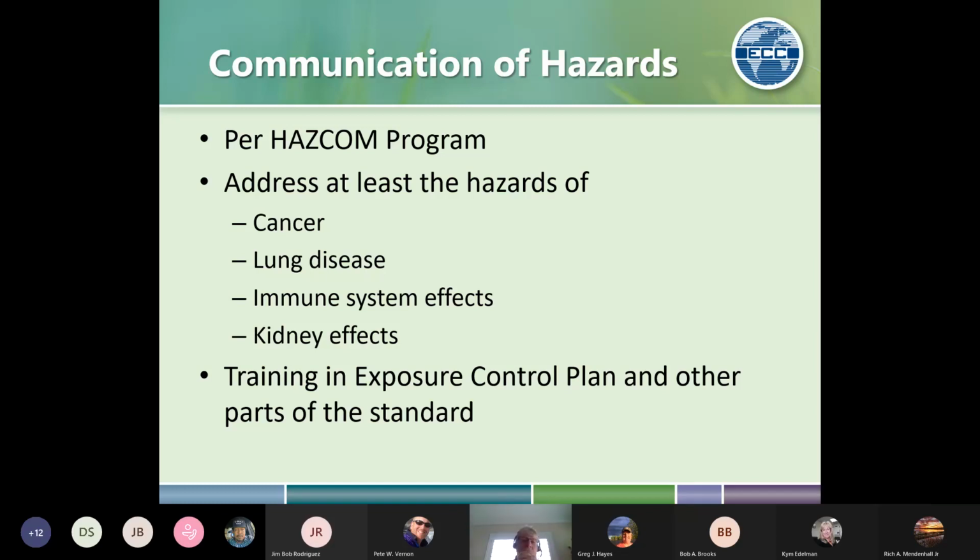But OSHA wants to make sure you cover at least these hazards: cancer, lung cancer, silicosis, the immune system effects, like lupus and rheumatoid arthritis, as we mentioned, and training in the exposure control plan and other parts of the standard.